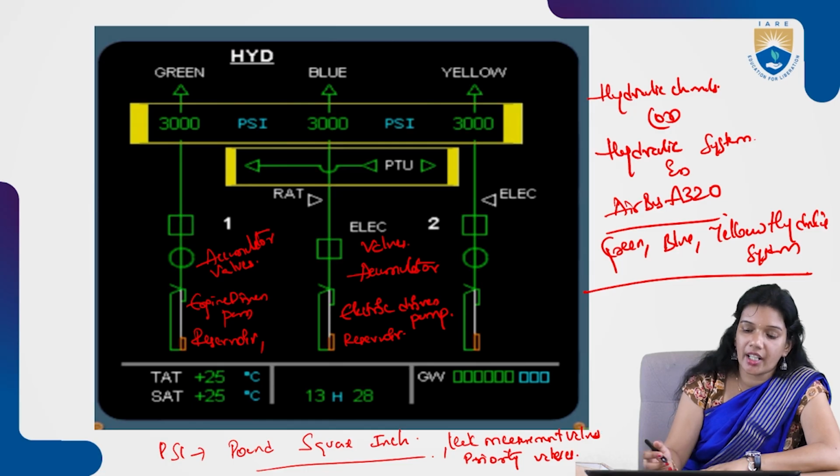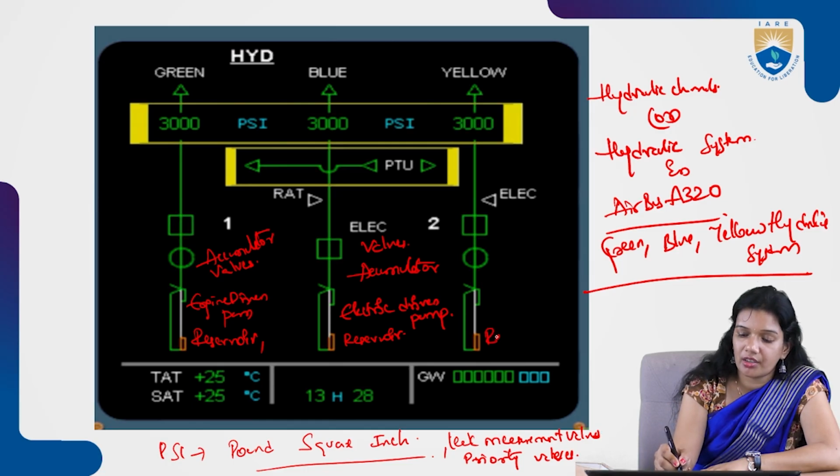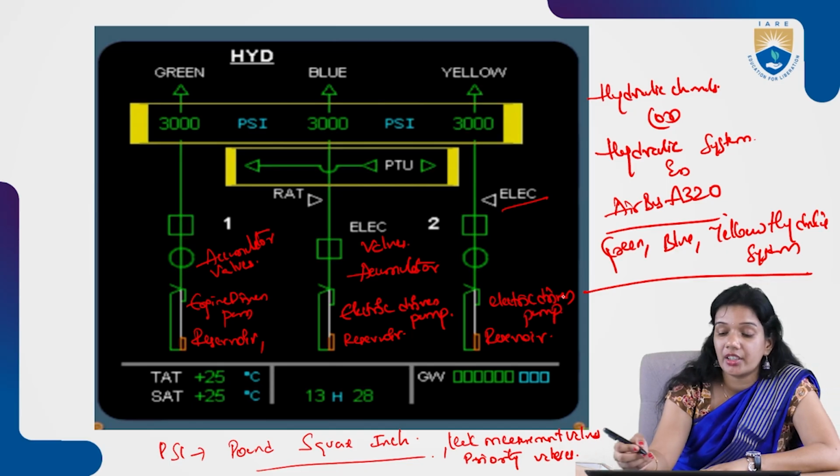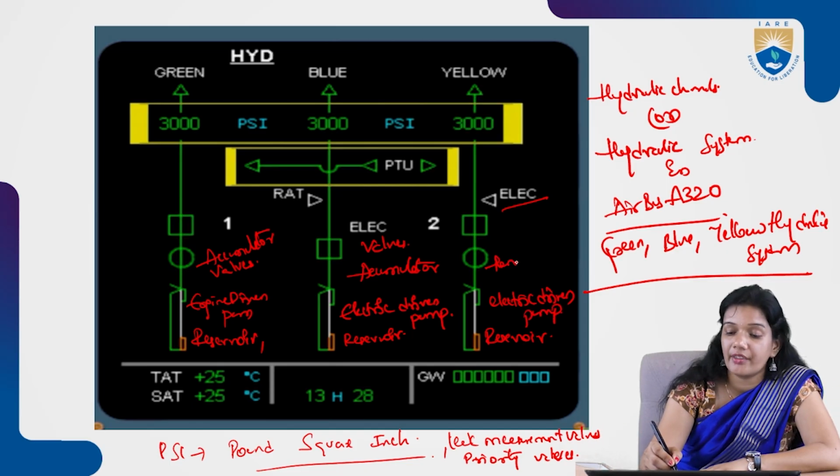Then again in the third channel also we have a reservoir. We have electrically driven pumps, you can see here. Now if there is a failure or if something goes wrong with the electrically driven pump, what we again have is a hand pump. Hand pump for cargo door operation. Okay.